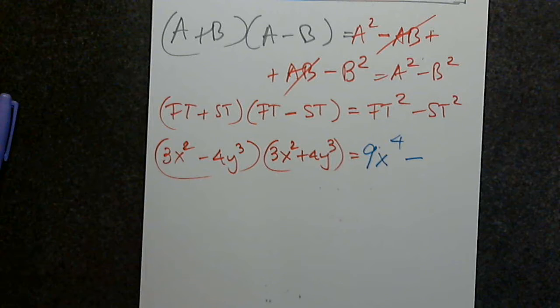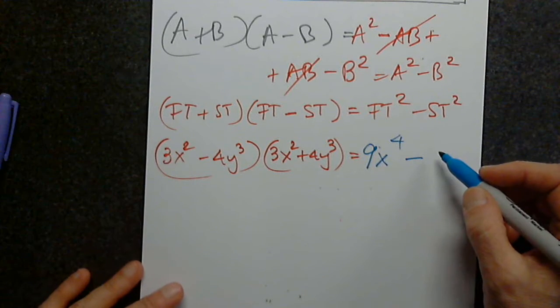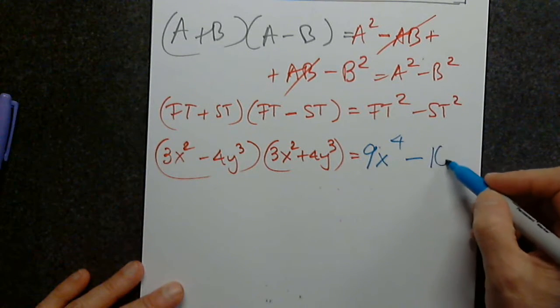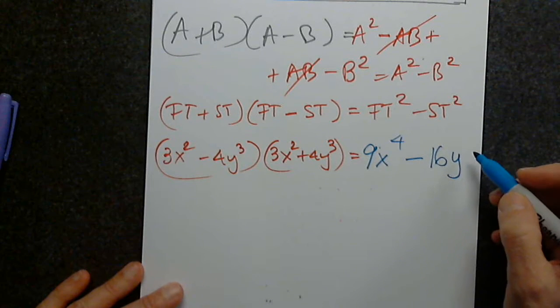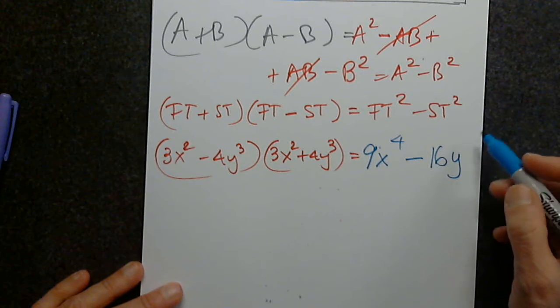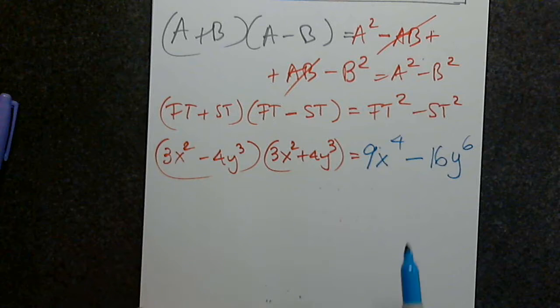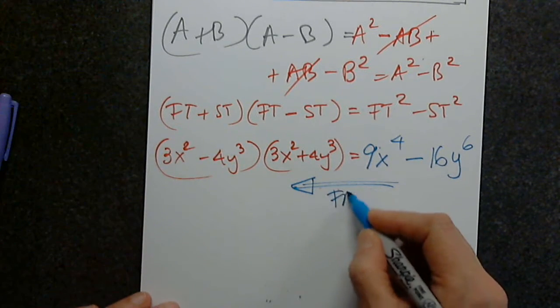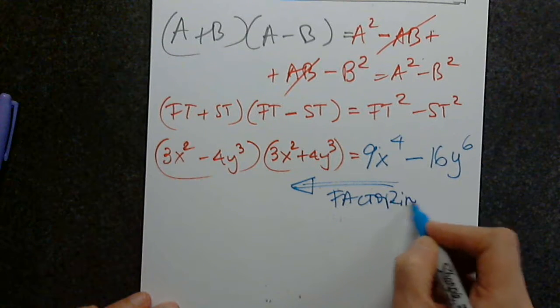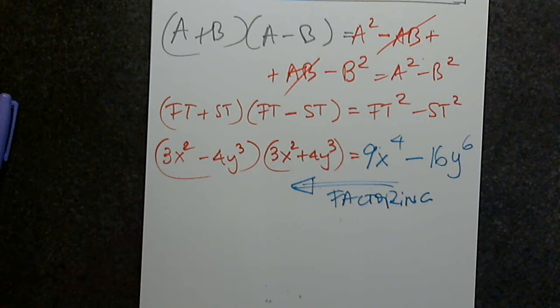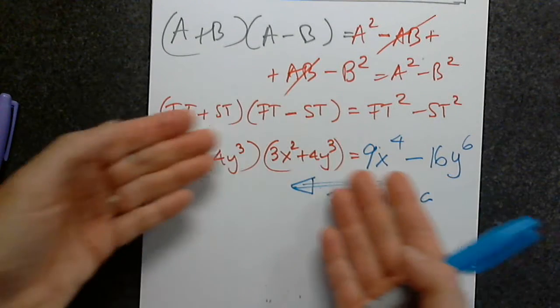Minus 16y to the sixth. Copy the base and yes, then multiply. Very good. So we will factor. I will refresh your memory on factoring. Hopefully next class, because we're going to be given this and we have to come up with that.